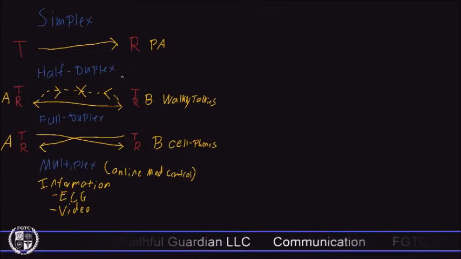And so every single aspect of this, the simplex, half duplex, full duplex, it doesn't matter how you're communicating with somebody. If you're communicating with a physician over a radio, telephone, anything, that is going to be an example of online medical control.